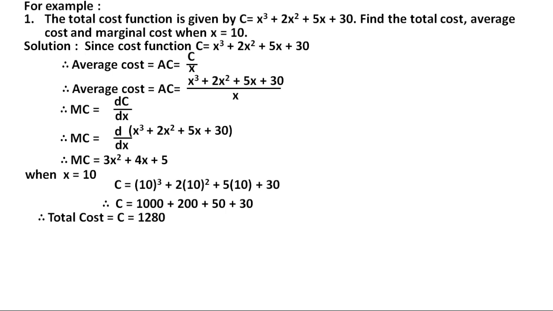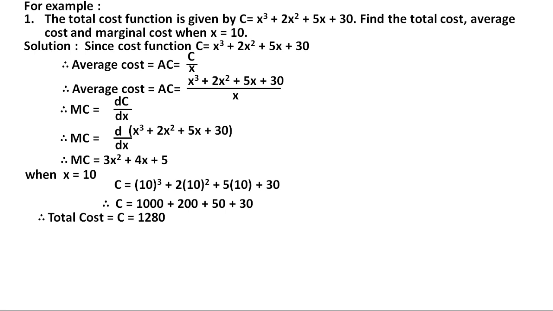Right? Now we find average cost. Now average cost is total cost divided by x, that is 10. Total cost is 1280 divided by 10, that is we get 128, our average cost.